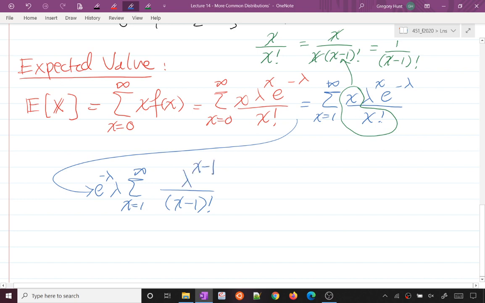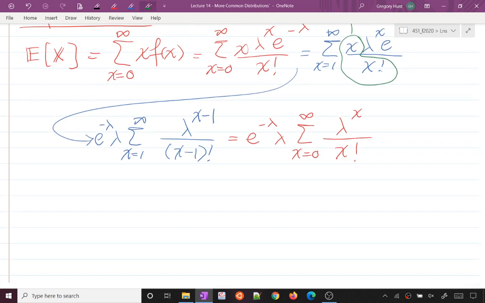So it's not a mistake that now I have two things with x minus 1 there. I'm going to change my index here. I still have e to the negative lambda, one copy of lambda, and instead of summing from 1 to infinity, let's sum from 0 to infinity. If I decrease my index by 1, I have to increase x by 1 in my sum. But very nicely, that just leaves me with lambda to the x over x factorial.